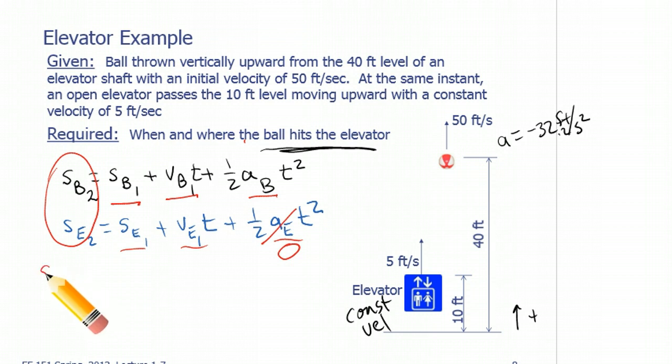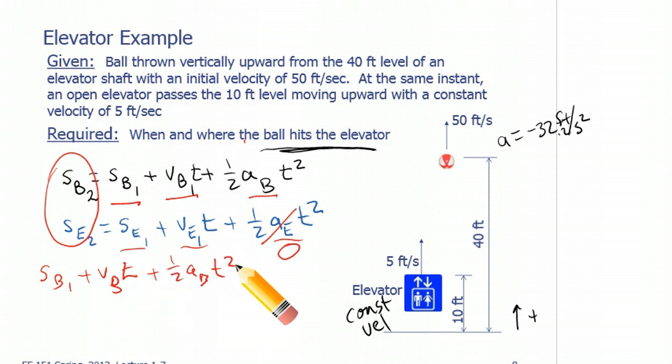So I'm going to have the position of the ball initially plus the velocity of the ball times time plus 1/2 the acceleration of the ball times t squared, and that's going to be equal to the position of the elevator initially plus the velocity of the elevator initially times time.